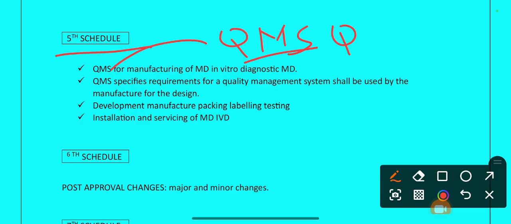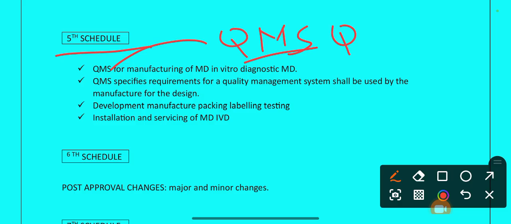So when you manufacture any medical device, the fifth schedule covers checking the quality, whether high or low, and any disadvantages, under the quality management system.